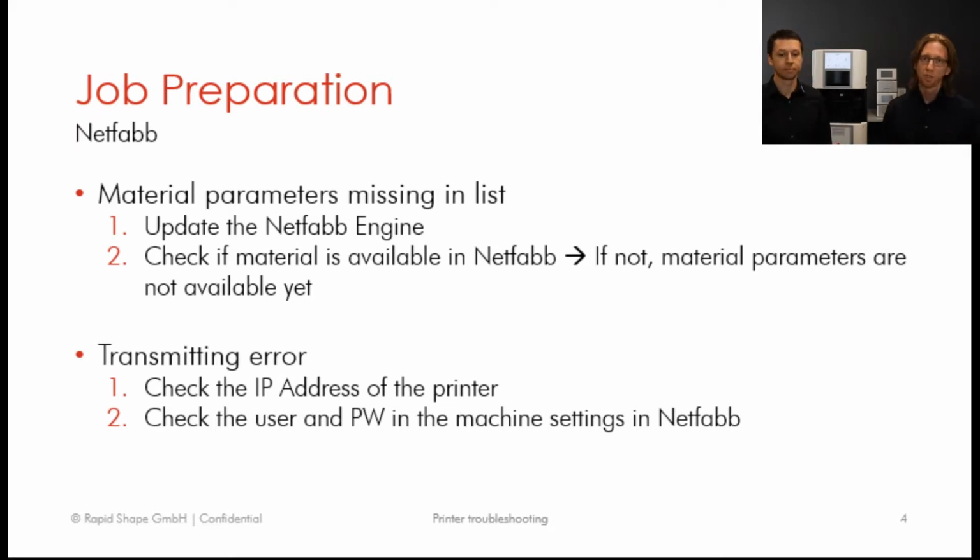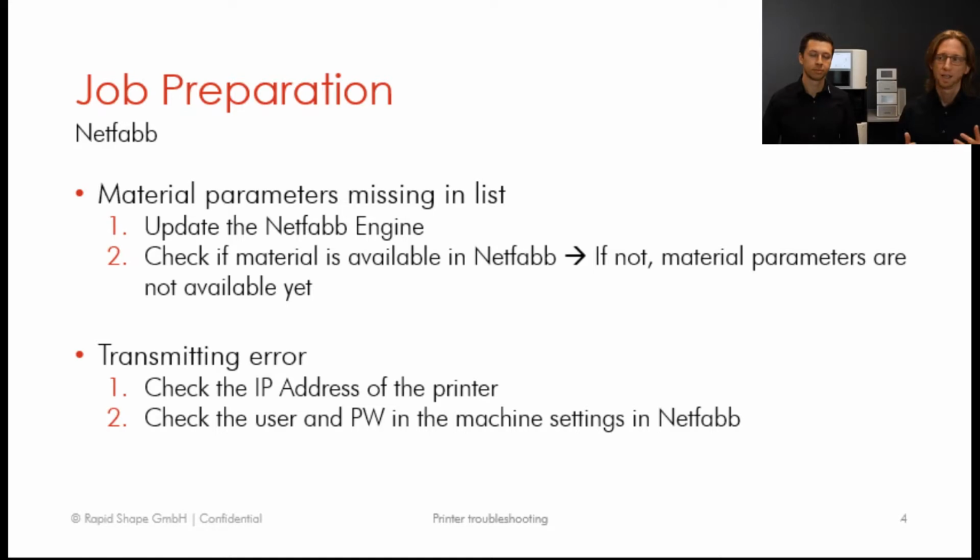One thing could be that maybe he does not have the latest NetFab engine installed from RapidShape, which would mean he just goes to our knowledge center, gets the latest RapidShape engine for NetFab, downloads it, installs it, and it might be that the material is there. If it is still not there, then he should contact the manufacturer for further information.